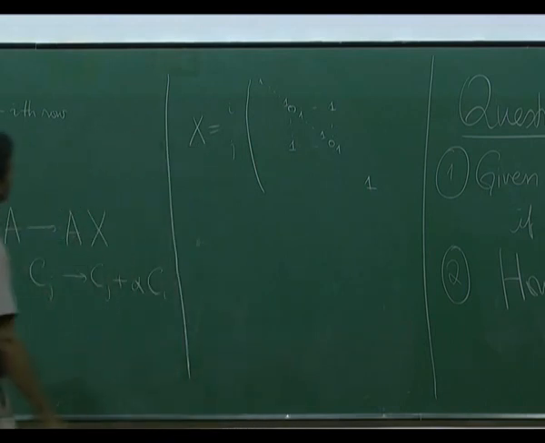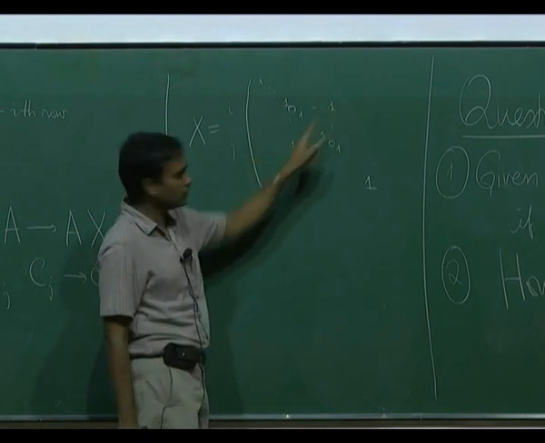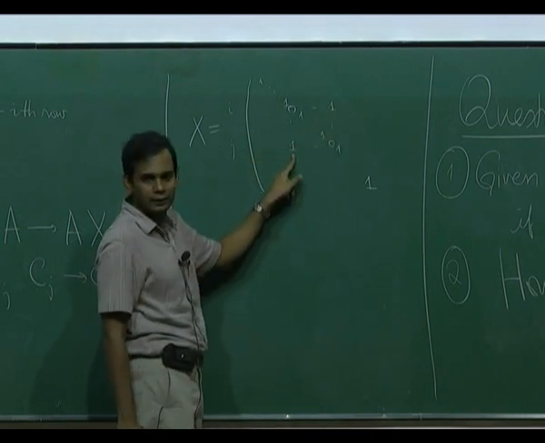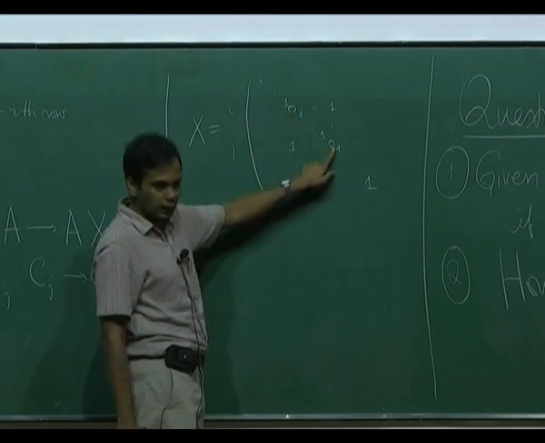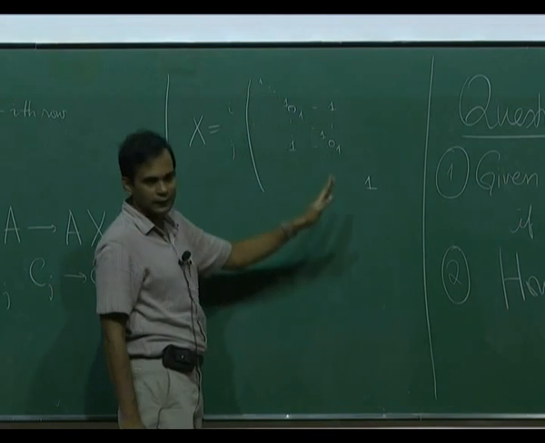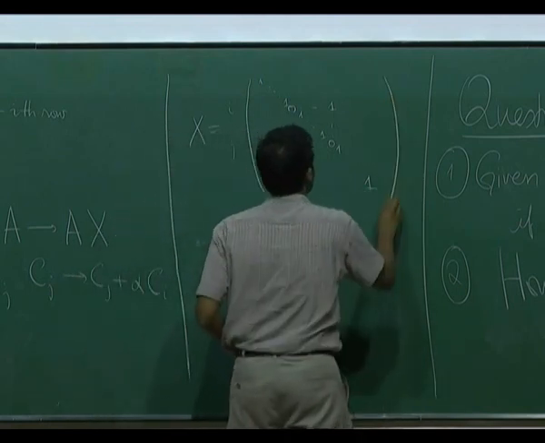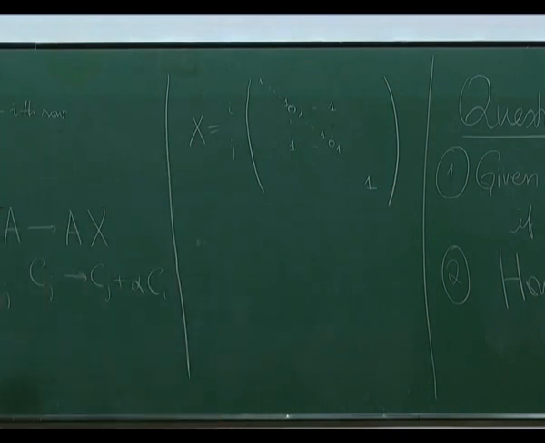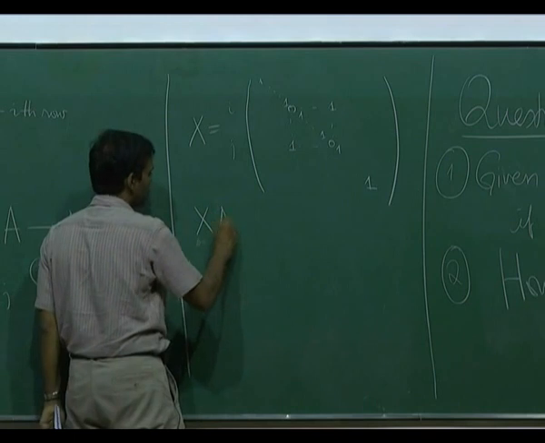So what you have is the (i, j)th entry is 1 and the (j, i)th entry is 1, but the (i, i)th entry and the (j, j)th entry are zeros, and apart from that it just looks like the identity matrix. Okay, so if you take X times A, what happens?